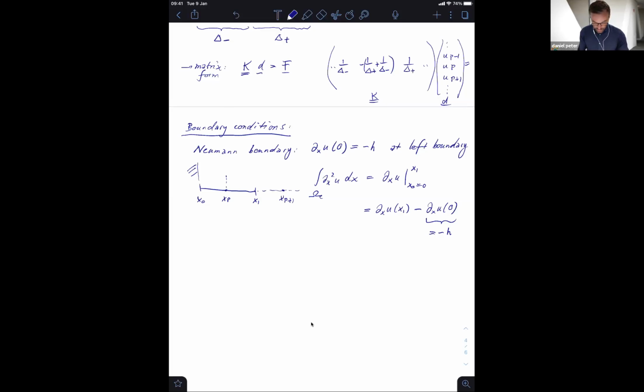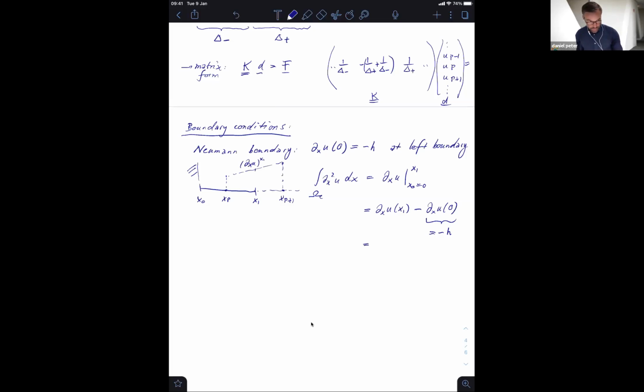So here we would need this neighboring cell in order to find the derivative of u at x1.